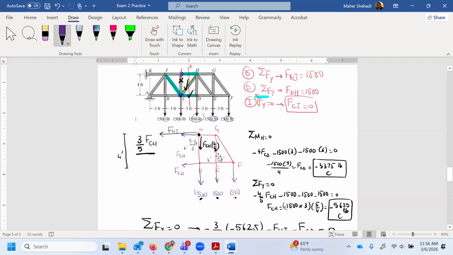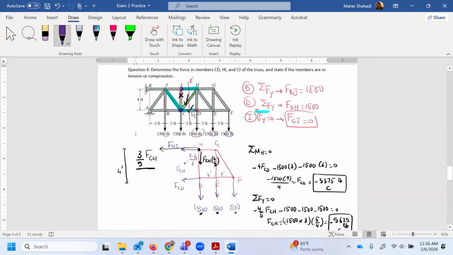Whereas CD, let's check which one is CD here, it's under compression, kind of like the two forces are not only these two, but in general, you have a couple, you have three here, you have two on the left, they're pulling down, so it's gonna compress that, but it would elongate this and this one. And that's why we got HI and CJ under tension. Okay, thank you.